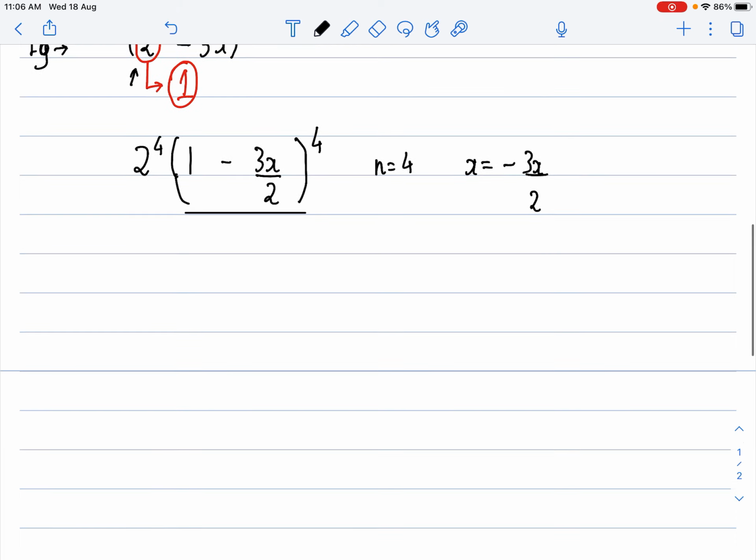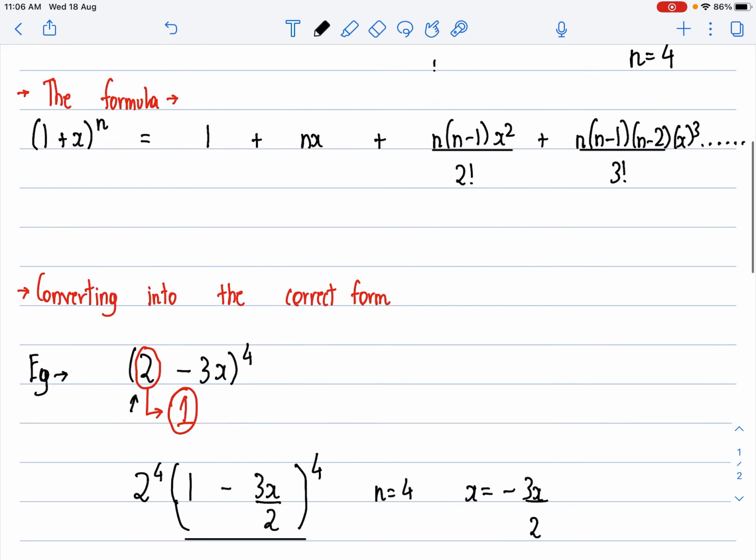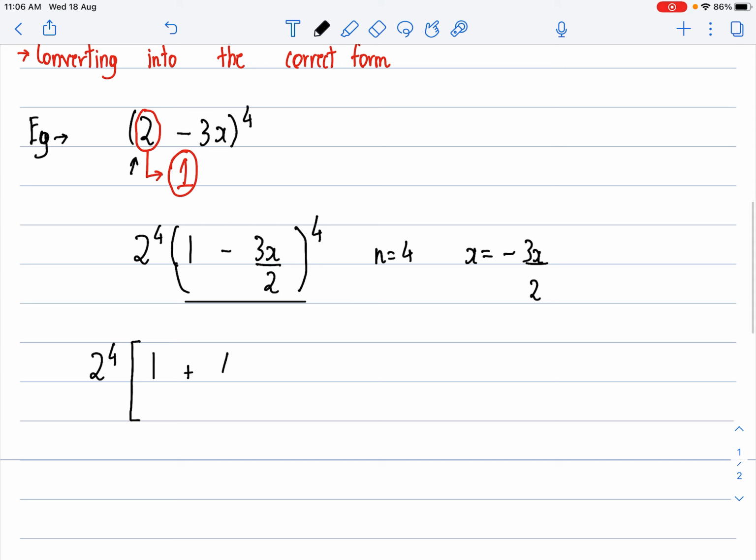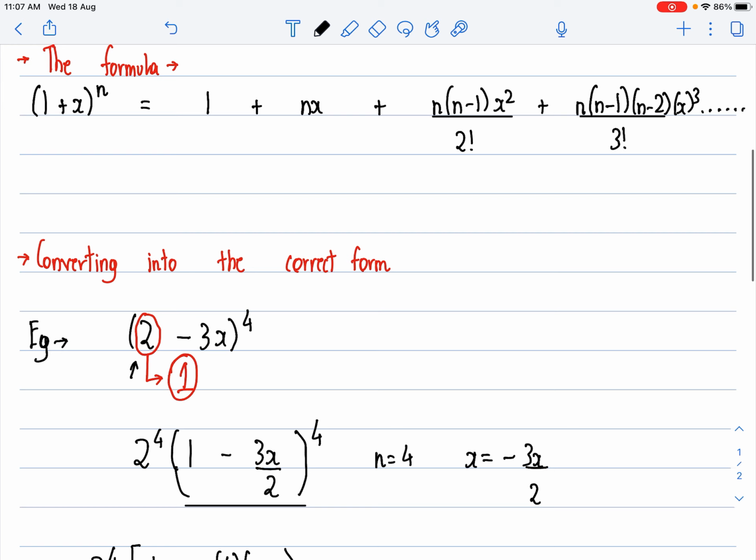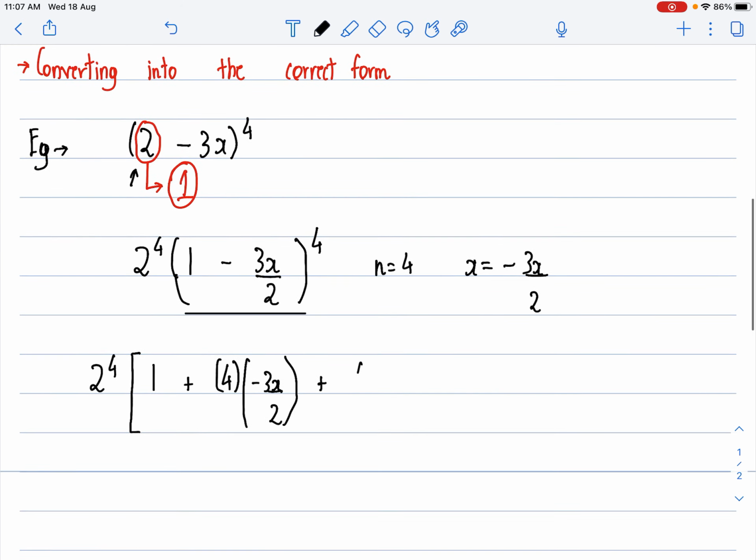Correct? So now you write this as 2 raised to 4 with the formula, which is 1 plus n into x. Refer to the formula here. n into x, which is basically 4 multiplied by minus 3x over 2, plus now you will do n into n minus 1, which is 4 into 4 minus 1, which is 3, divided by 2 factorial, and you get x.